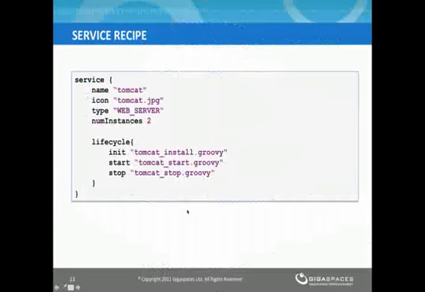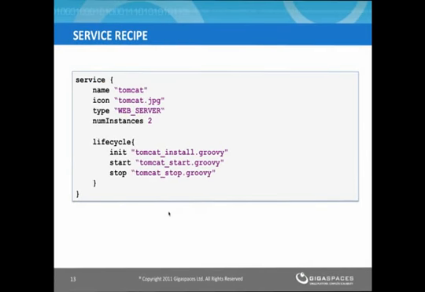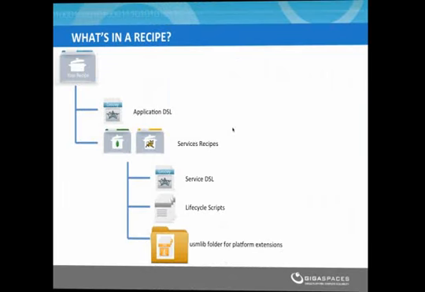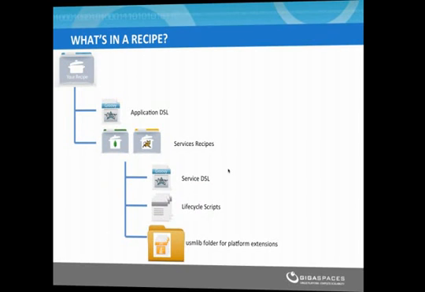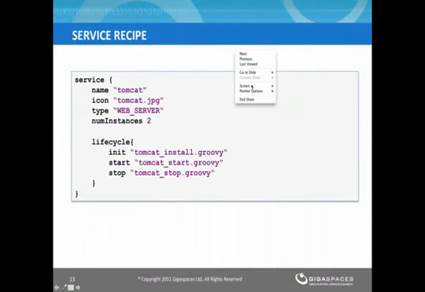The next snippet we're seeing here is from the service recipe. If we go back to the recipe slide, the service recipe is what we're seeing here. This is the part that describes each of the services, essentially what the name of the service is, how many instances, how to install it, how to start it, and so on. In our case, we're seeing an example for a Tomcat service.